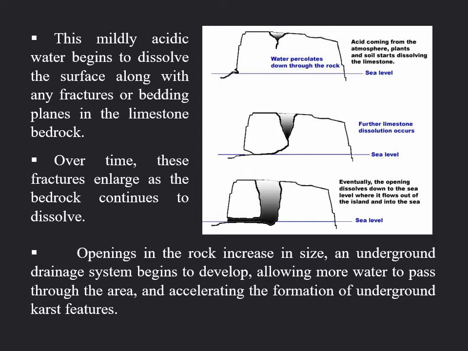And over time, the minute fractures that the acidic solution gets, with increasing reaction, they enlarge, and ultimately after some time the rock is completely dislodged from its parent rock.